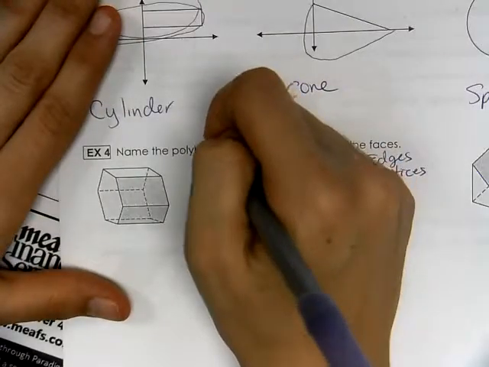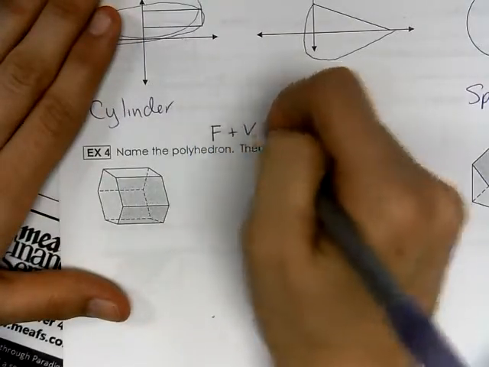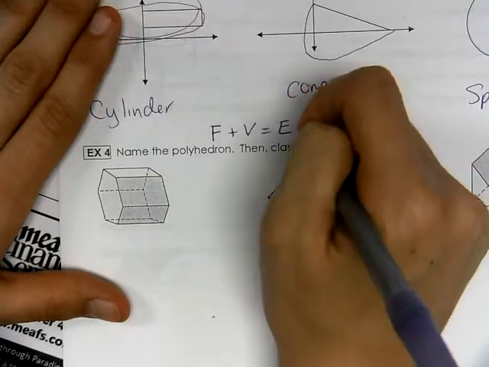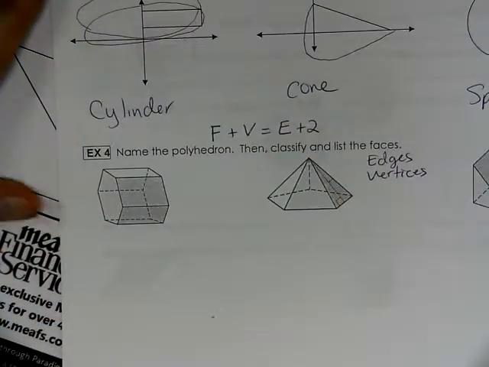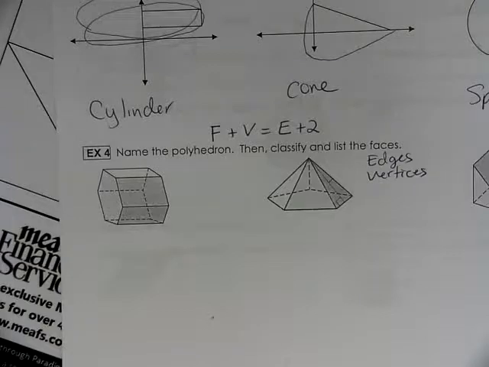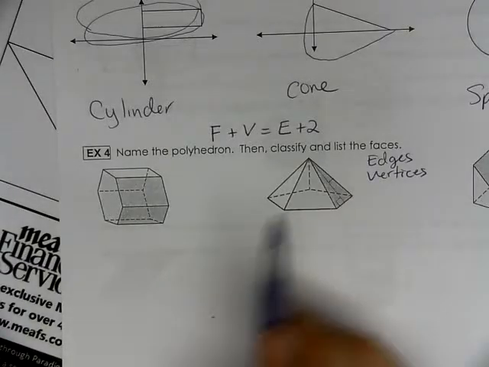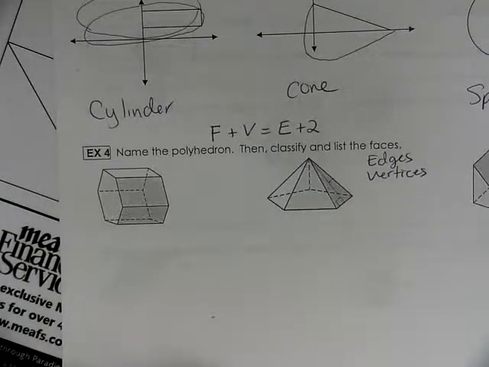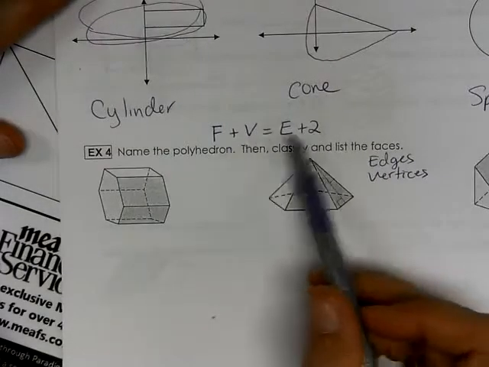And the formula is the faces plus the vertices equals the edges plus 2. Because on your homework, it's going to ask you to count all this stuff. Okay, so we're going to name it, and then we're going to do faces, edges, vertices. And to double check our answer, we're going to use this formula.